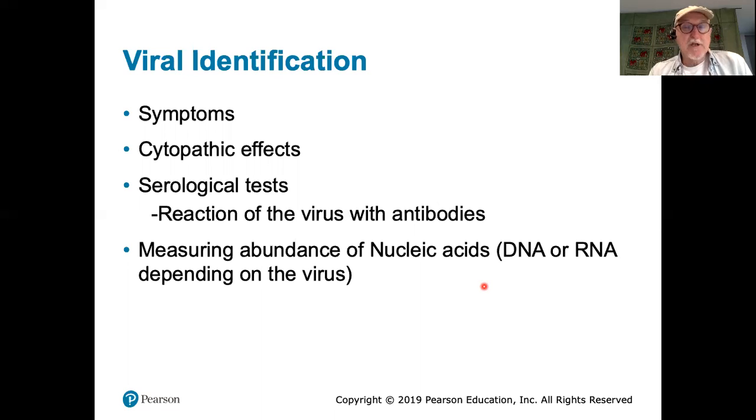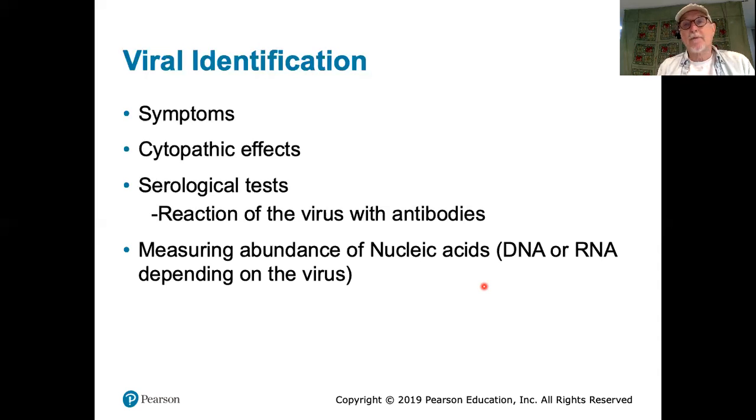So symptomology is very important in identifying what virus we're actually dealing with, particularly when we're looking at somebody who's ill. The second thing that we can do is experimentally, we can begin to look at particular cytopathic effects directly on cells, remembering that viruses infect particular cells.